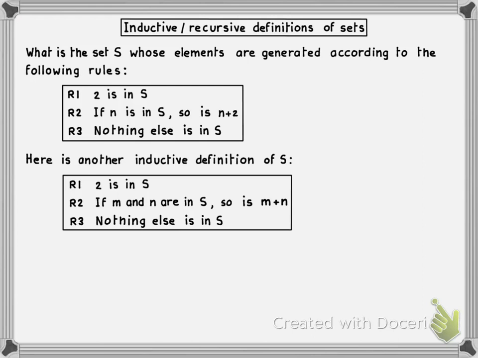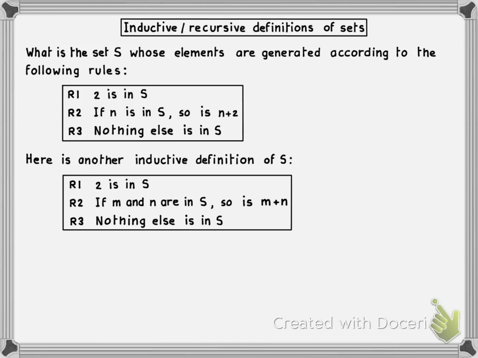So later on, when we use these inductive or recursive definitions of sets, you will typically be able to pick among different such definitions for the same set. Now, which one is better than the other? Well, the answer is typically it depends what you're trying to do.